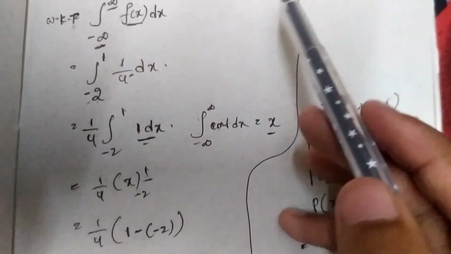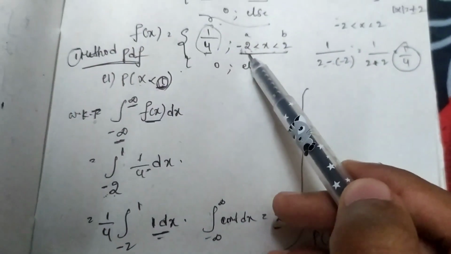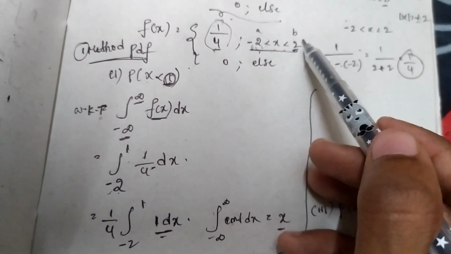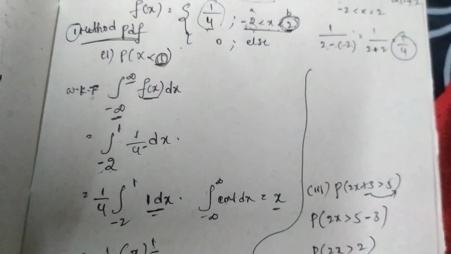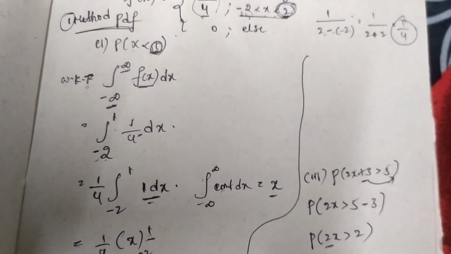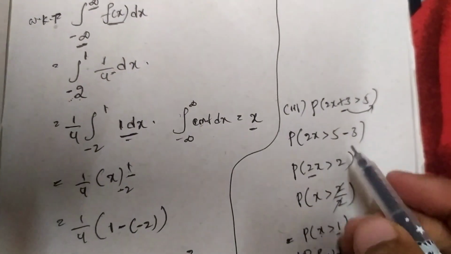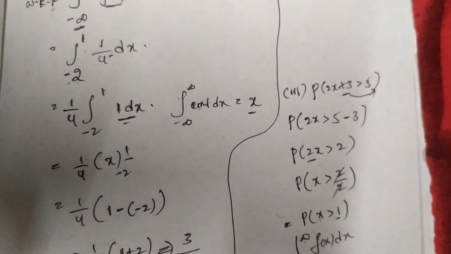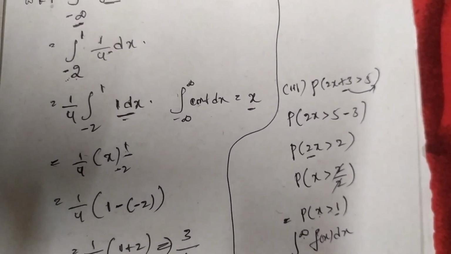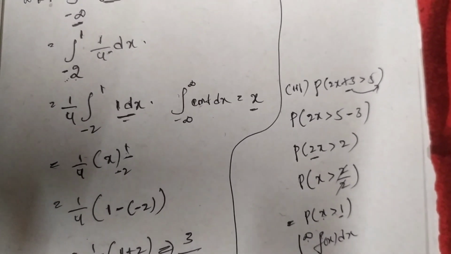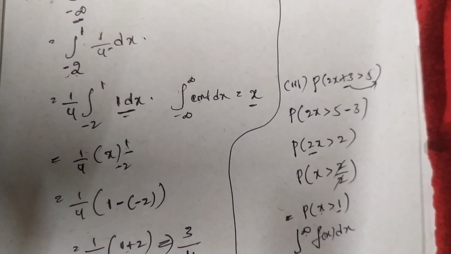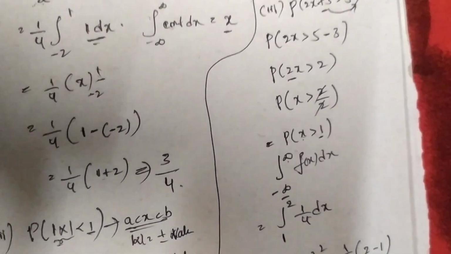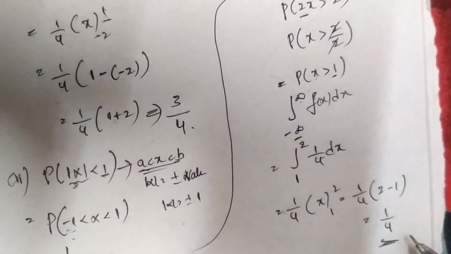In the condition here we have minus 2 to plus 2, so greater than 1 means in the place of infinity we take 2. The f of x function is 1 by 4 dx. Taking 1 by 4 outside, the formula for 1 dx is x from 1 to 2. We get 1 by 4 times 2 minus 1, that is 1 by 4.